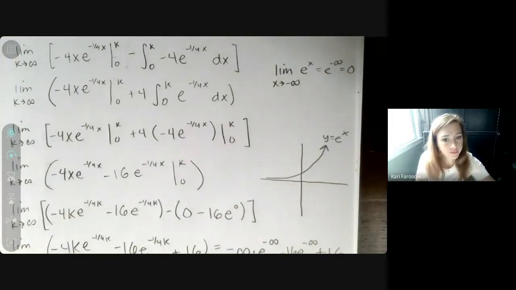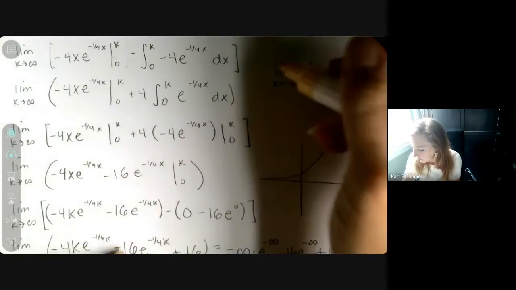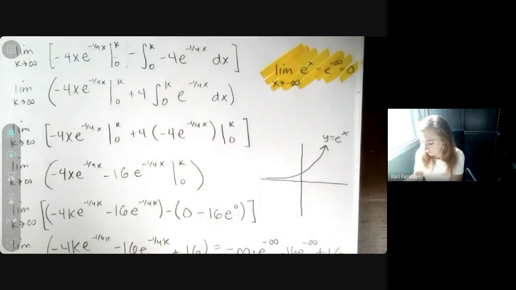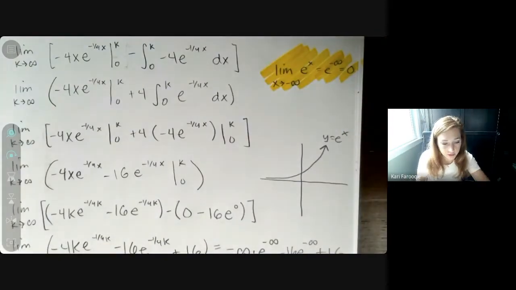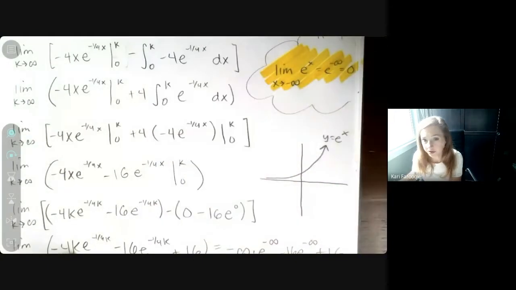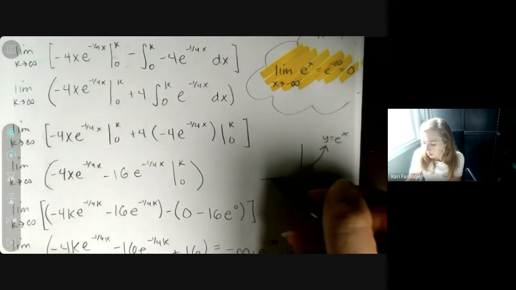It's not necessarily something I want you to memorize, but it's something that you're going to use a lot. This is a very important result. So e to the negative infinity heads down to 0.